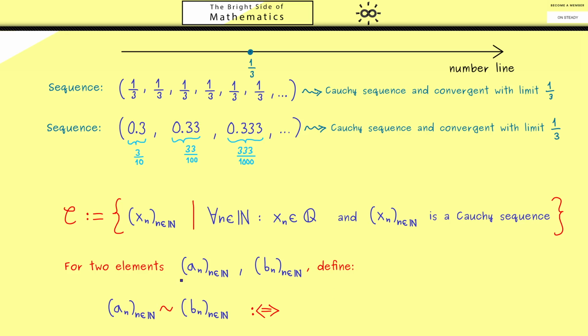Okay, at this point, we want that these two sequences here are equivalent, but we don't want to use the explicit limit. Therefore, the question is here, how can we do that in a simple way? For this, let's imagine that we see all the sequence members here on the number line. In the case that the two Cauchy sequences represent the same point, they accumulate around this number.